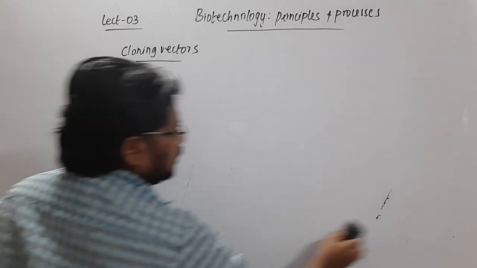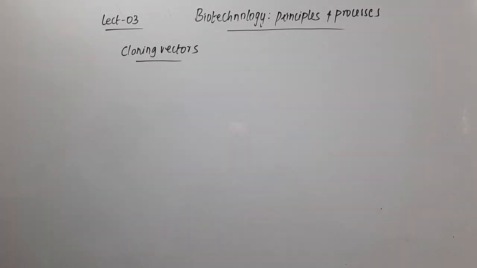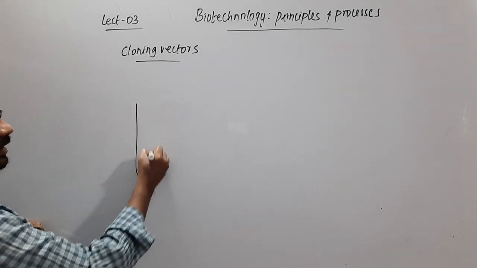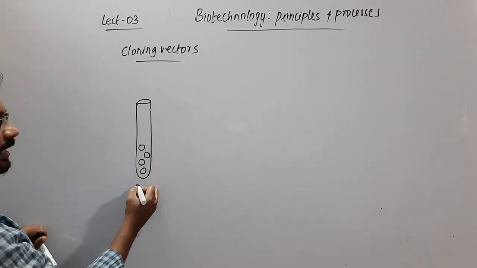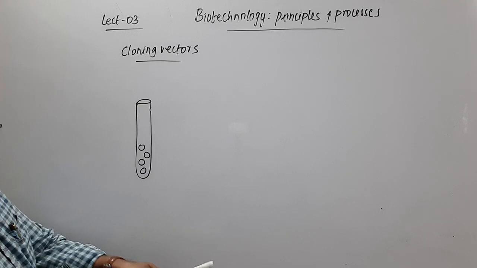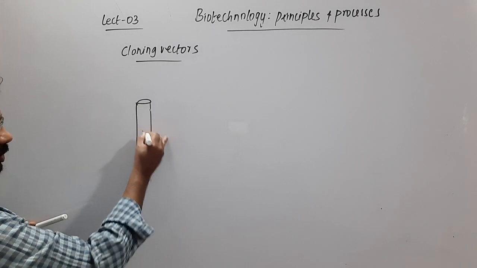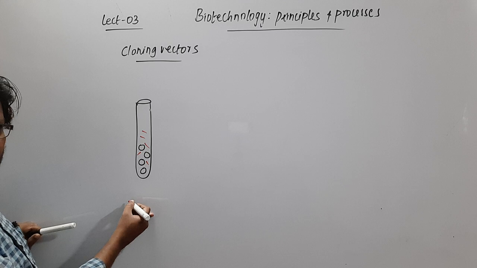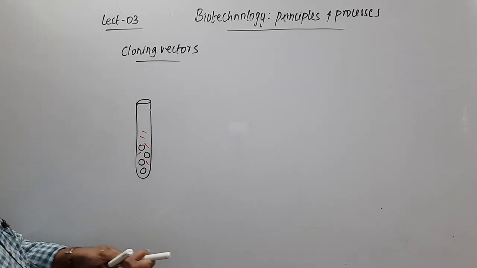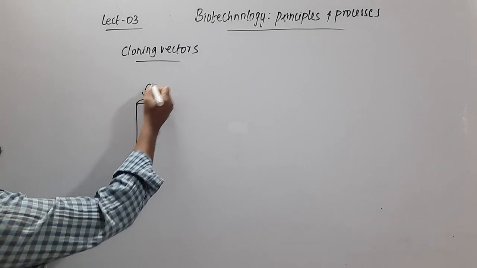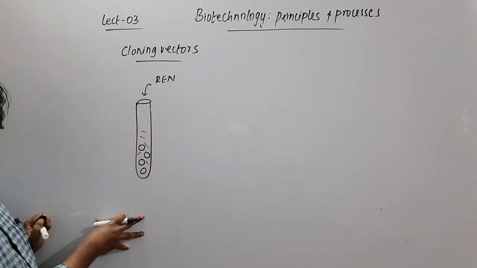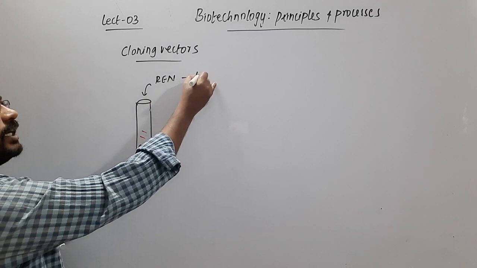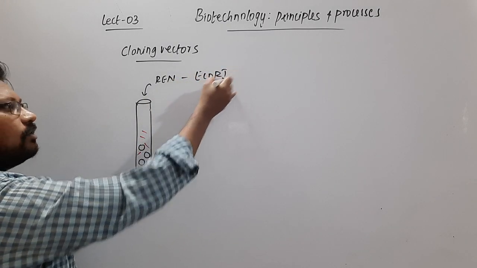Now, how will we usually join that gene of interest with the plasmids? What I do is take the plasmids in a test tube, and then take the gene of interest into the same test tube, and into this I will use the restriction endonuclease. As I told, I'm going to use EcoRI.